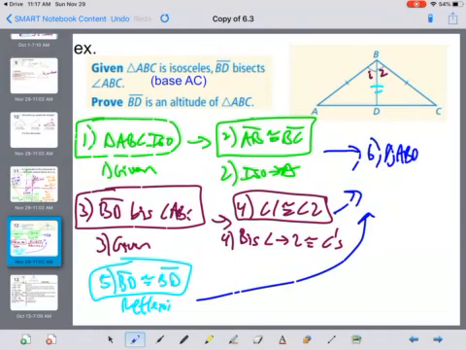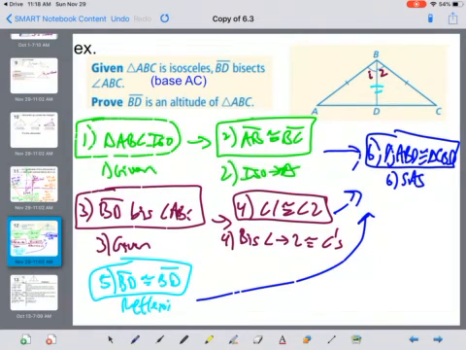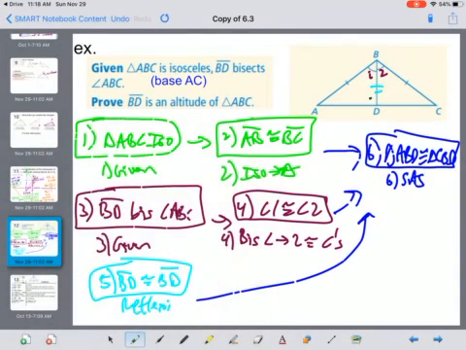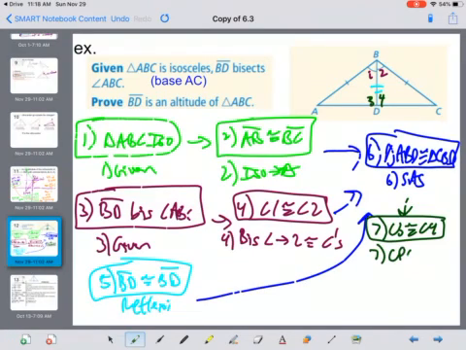Triangle ABD is congruent to triangle CBD by SAS, side angle side. And then in order to say altitude, I'm going to need to say right angles first. So I'm going to use first the fact that those angles down there, 3 and 4, are congruent by CPCTC.